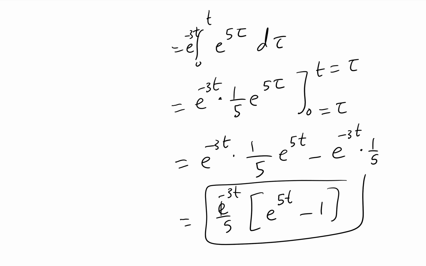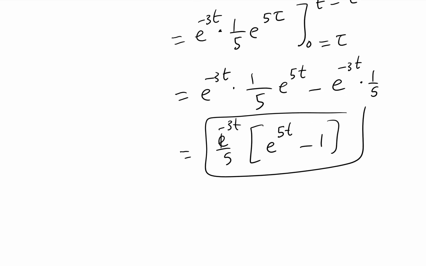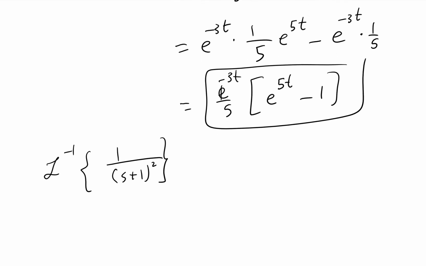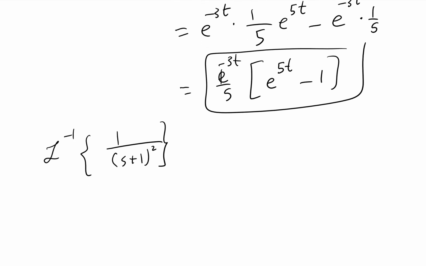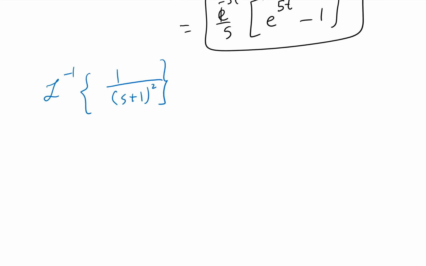We can look at another example. Inverse Laplace of 1 over (s plus 1) squared. So how do we do this? To find the inverse Laplace of this using convolution, we can look at this as two functions.